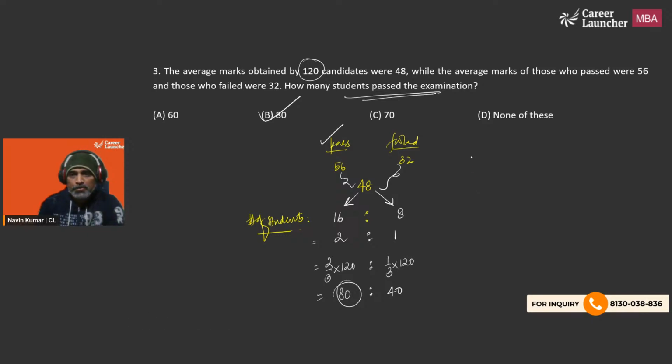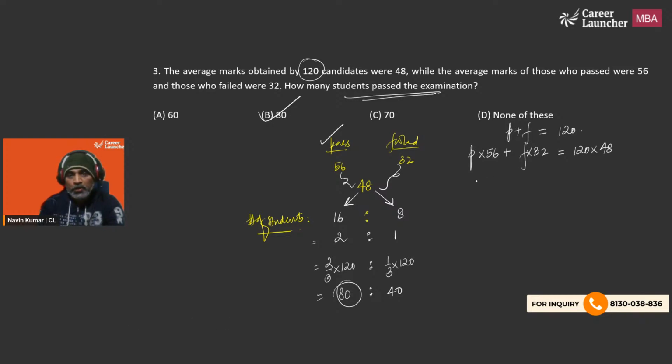So let's say the number of students who passed are P and they obtained 56 marks each. The number of students who failed are F and the marks that they obtained are 32. The sum of the marks by these students should be equal to 120 into 48, where also the total number of students who passed and failed is 120.